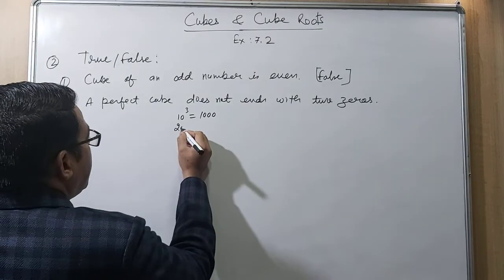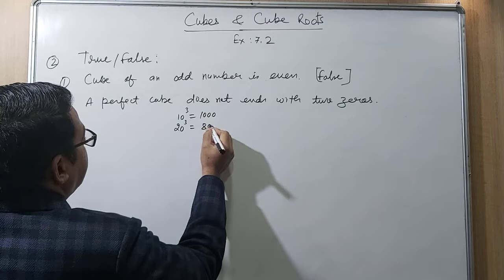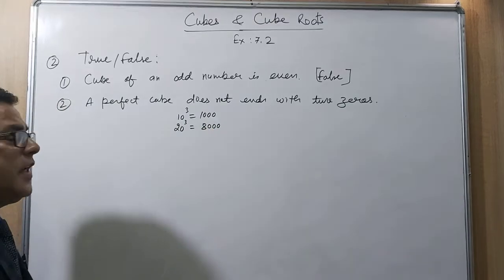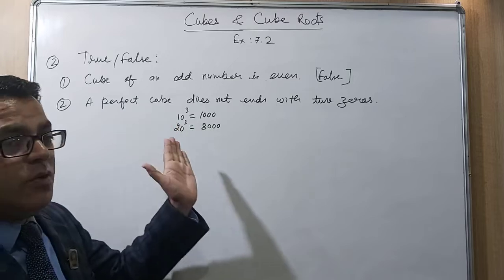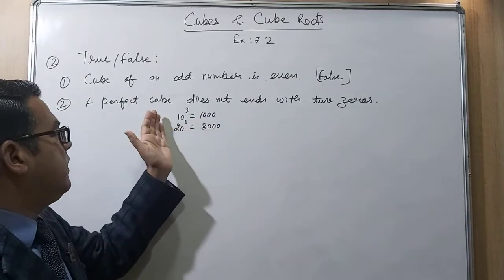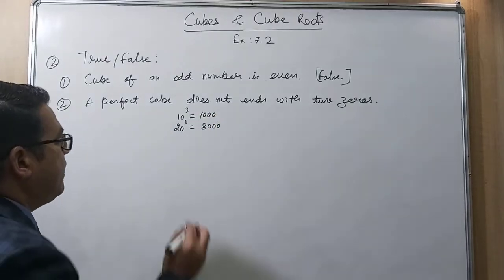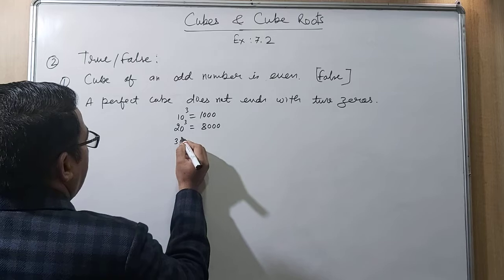The cube of 20 is 8000. Why am I taking 10 and 20? Because we know that in 10 we get 0, so the cube of 10 will contain 0 also. That's why I am taking 10, 20, and 30 also we can take.